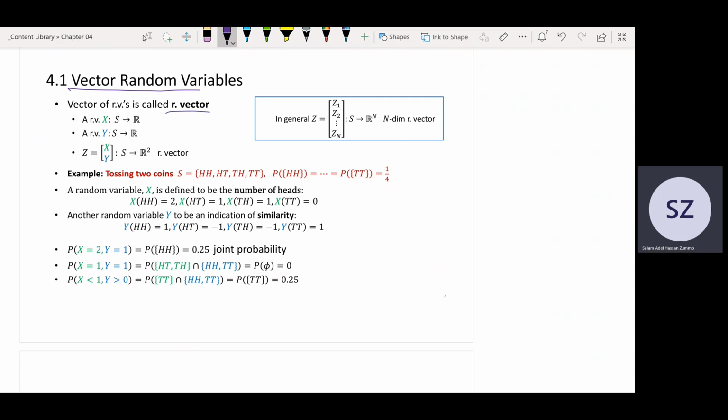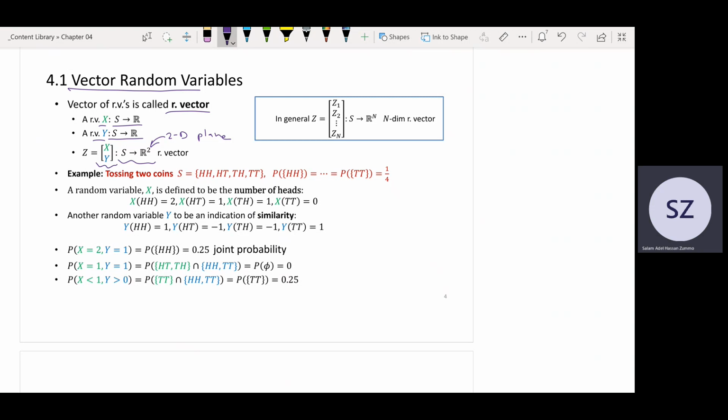A random variable x is a mapping from S to R. A random variable y is another mapping from S to R. Now the random vector (x, y), where x can take any real number and y can take any real number, is a mapping from S to R squared, which is the two-dimensional plane.